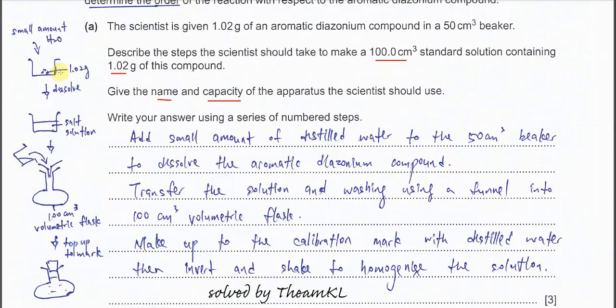Initially, 1.02 gram of the salt is inside the pickle. So the first step, we must add a small amount of water to dissolve this salt. After that, once it forms an aqueous solution, we pour this solution into the volumetric flask, and we wash a few times and pour the washing into the same flask.